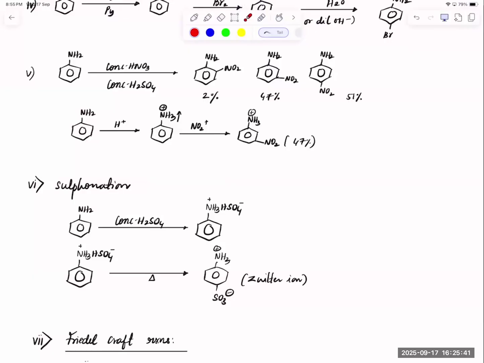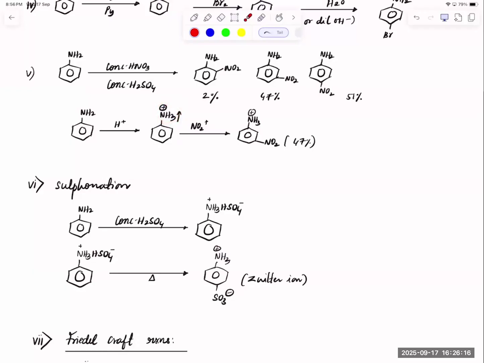See, if I take aniline, react with concentrated HNO3 and concentrated H2SO4. You will get ortho, meta, and para. Now, how come meta is coming? Usually, aniline is supposed to be ortho para directing, correct? So there should not be any meta product. But you could see there is a large quantity of meta product here. Now, why is that happening? The lone pair from nitrogen will take H plus, converts into anilinium ion. Thereafter, anilinium ion is a withdrawing group.